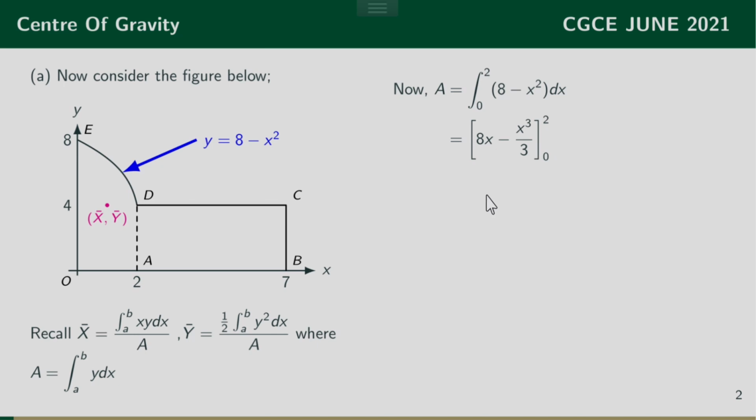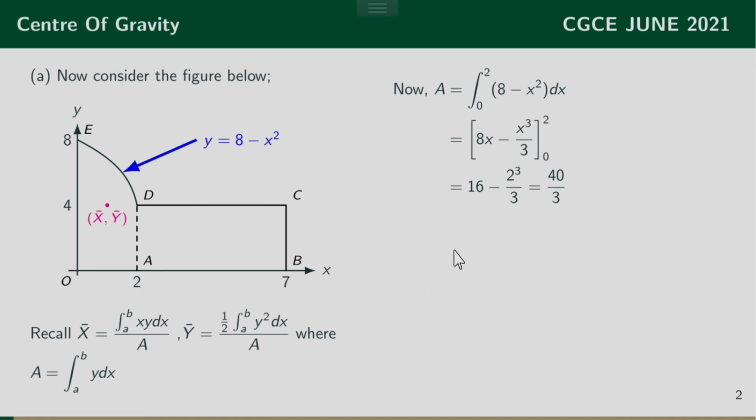Let me plug in 2, so I'll be having 8 times 2, 16, minus 2 cubed on 3. Now when I plug in the lower limit, everything else vanishes to 0, and I'm subtracting 0 from this result. So evaluating 16 minus 8 on 3 gives me 40 on 3. So this is the value of the area enclosed by this curve, the y-axis and the x-axis, from x equals 0 to x equals 2.